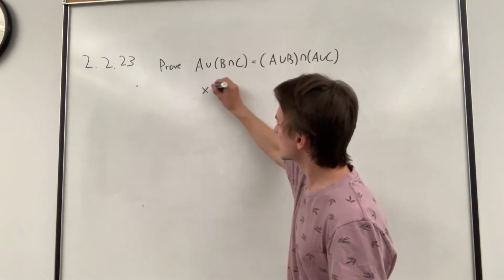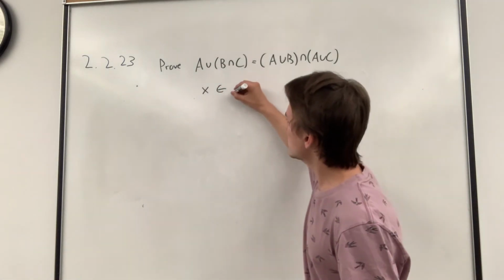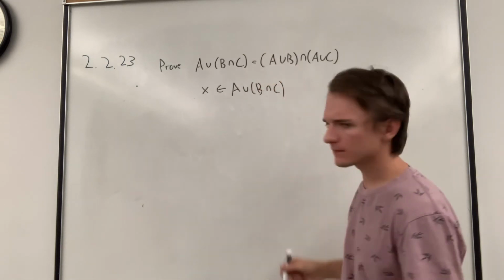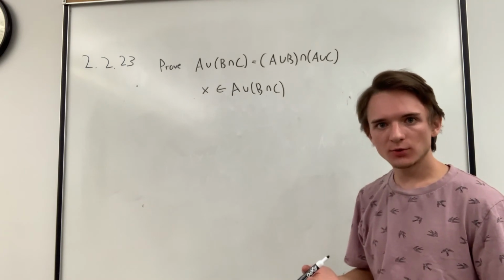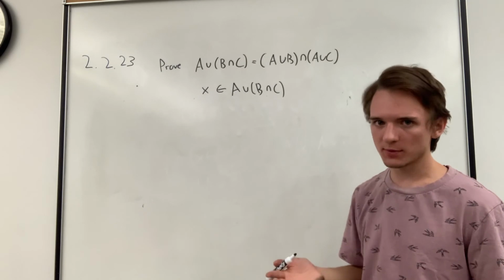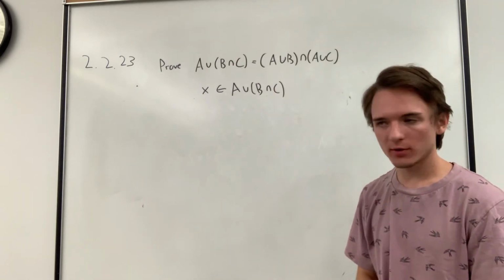So we begin like this. We say x, which is just some element in this larger set, is in the set of A union B intersection C. Then we use the definition of intersection and union to convert our unions into OR operators, like from propositional logic, and their intersections into AND operators.